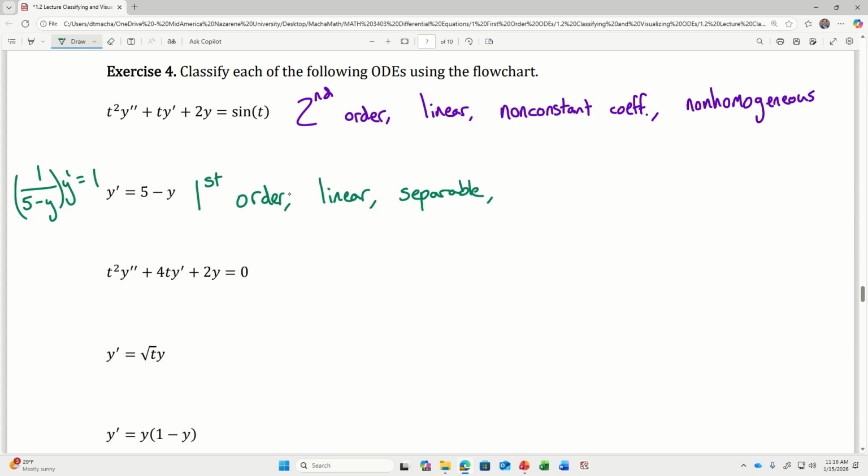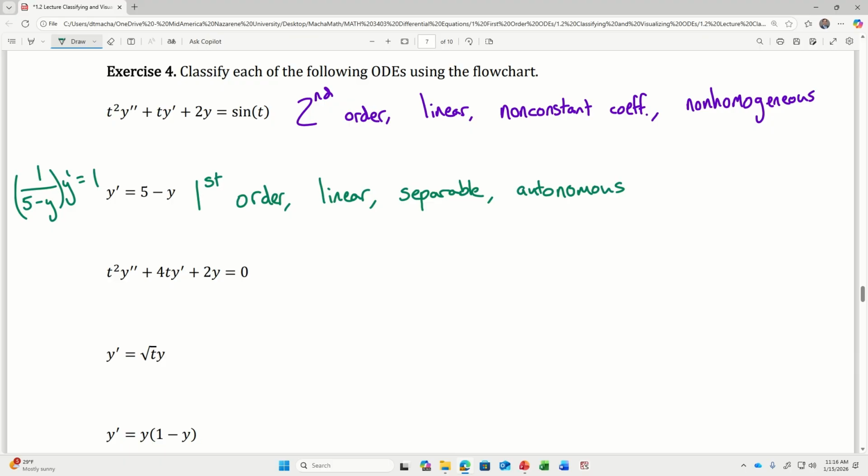Is it autonomous? Yes. It is autonomous. Autonomous just means you don't see the letter t anywhere. And here's a little hint. Any autonomous ODE has to be separable.